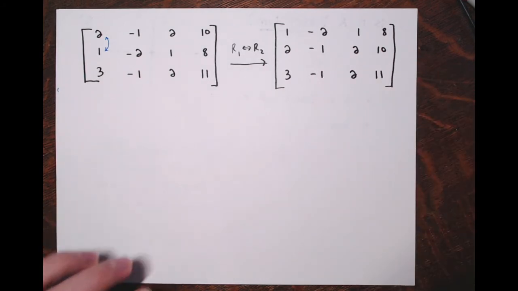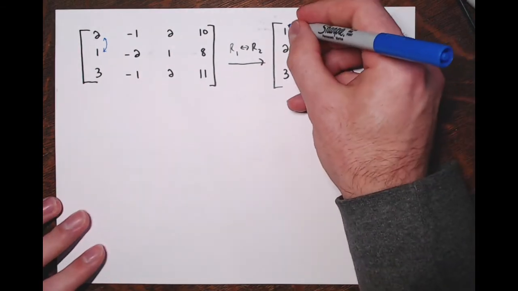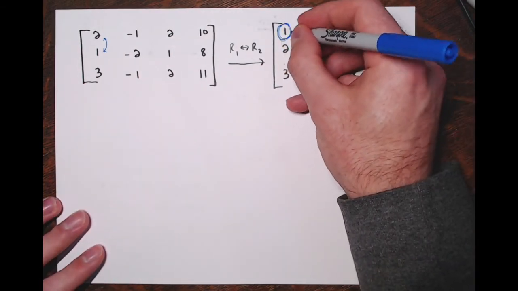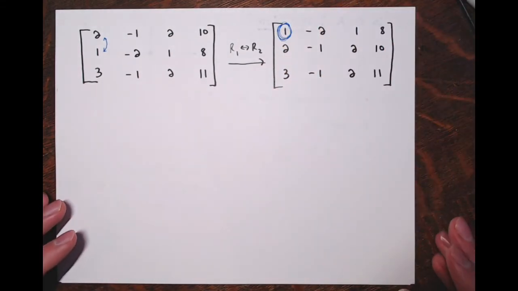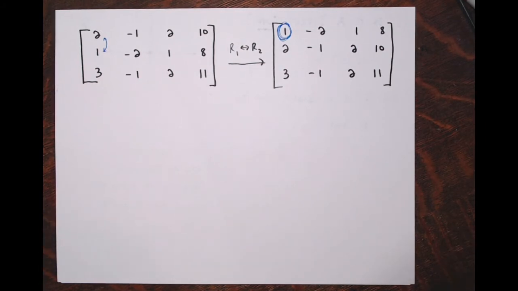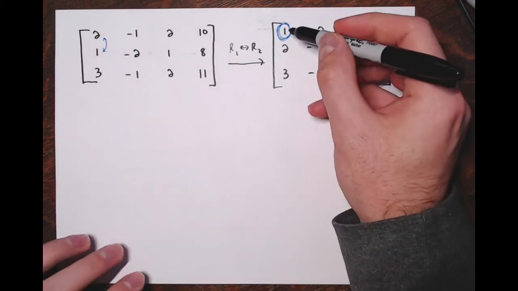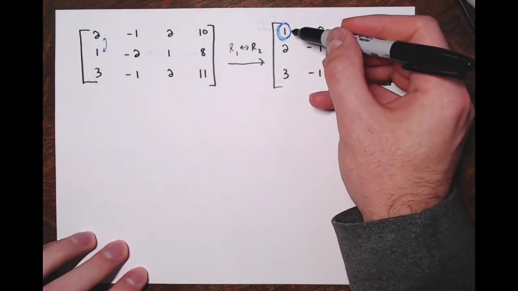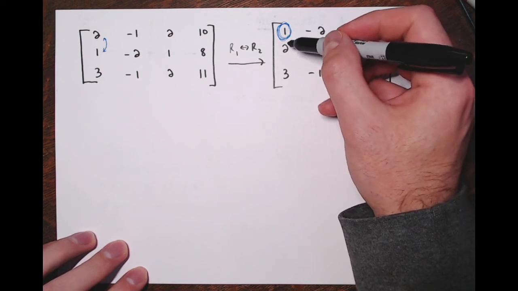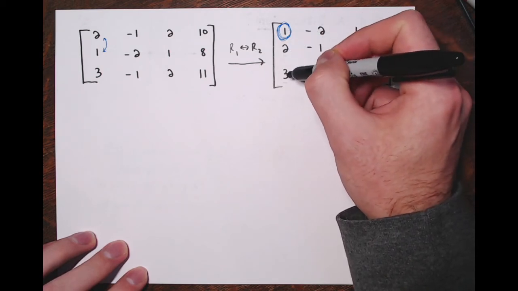Here's my current pivot, the non-zero leading entry on the top row. I hope you can see why I changed it so that 1 would be up here. Now I'm going to make these into 0.